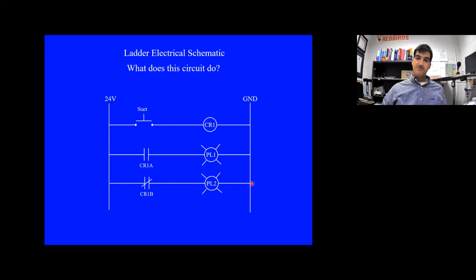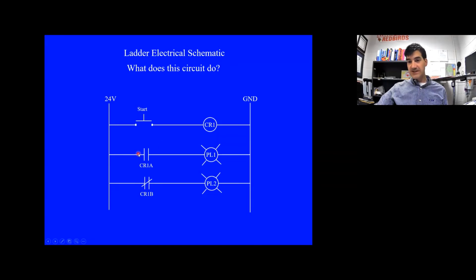What's going to happen is PL1 is not going to be energized because we don't have current going through this component right here, but I do have continuity through this component, therefore I energize PL2. Okay, now when I press start, CR1 energizes, so now all normally open connections close and normally closed connections open.